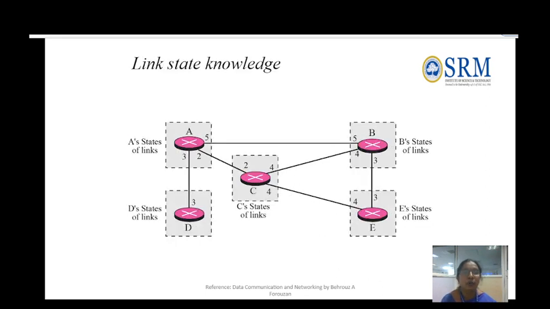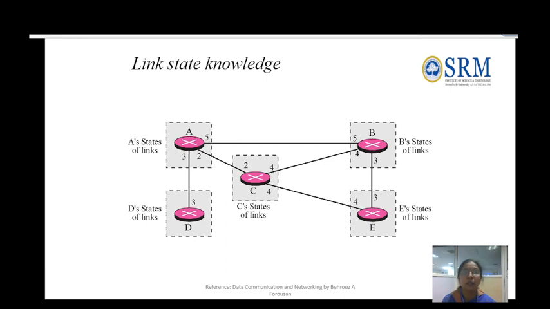Now, the link state knowledge we are going to gain. Initially, node A has the knowledge of 5 as the distance metric from A to B. Then from A to C, the distance metric is 2. Then A to D, the distance metric is 3.